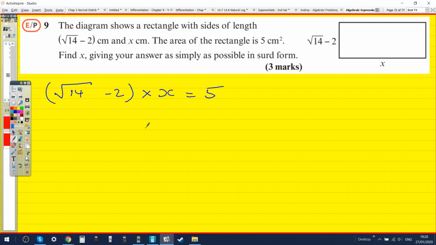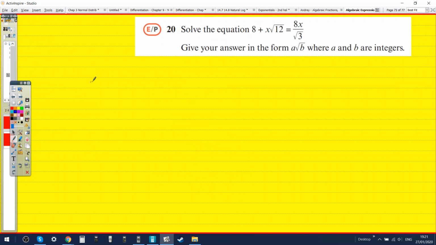And then do I have to do 5 divided by root 14 minus 2? You could just put that in your calculator and auto rationalize. And then x equals 2 plus root 14 over 2. Easy peasy. Okay, how about this one?